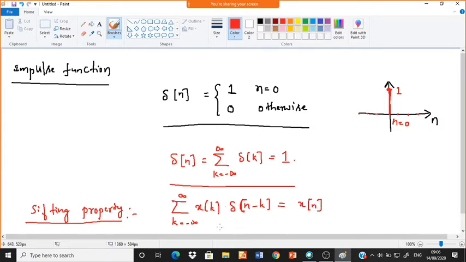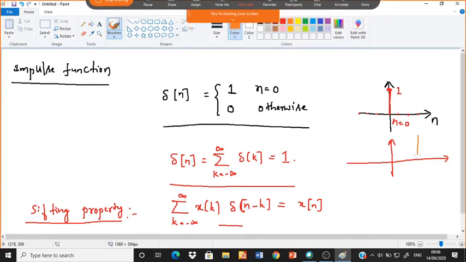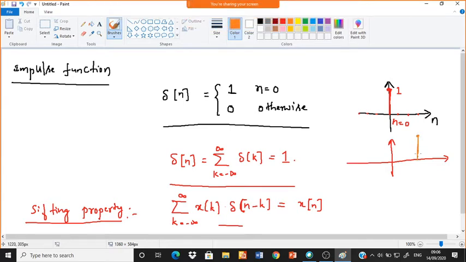If you take a shifted version of the impulse function, say at n equal to n naught, the impulse is shifted. Now how is this defined? Del of n minus n naught, which is equal to 1 at n equal to n naught. This is what we call the shifted impulse.